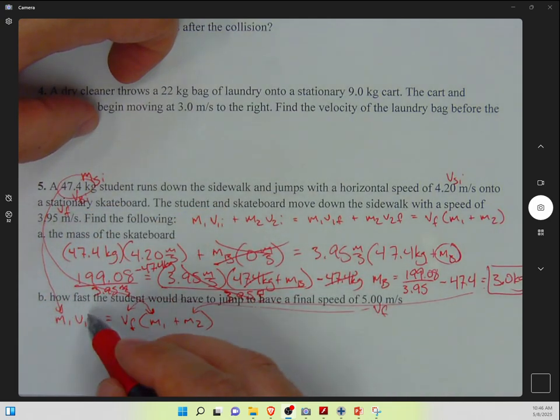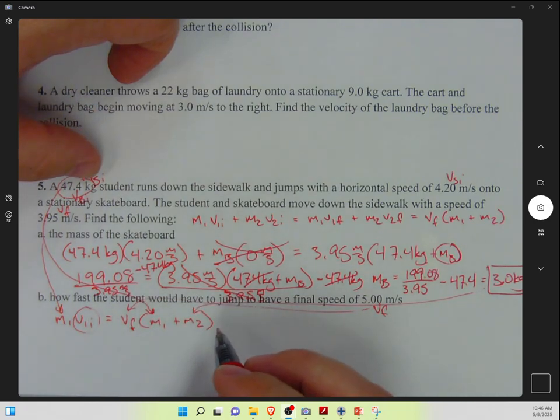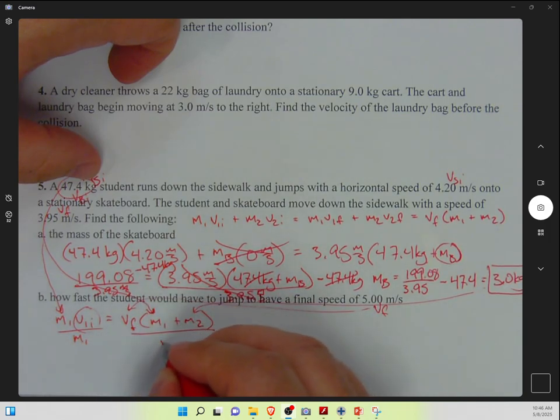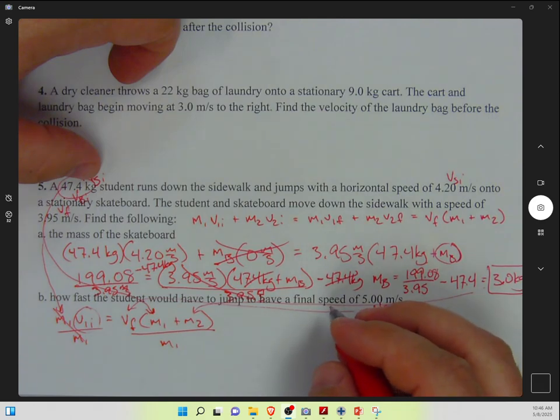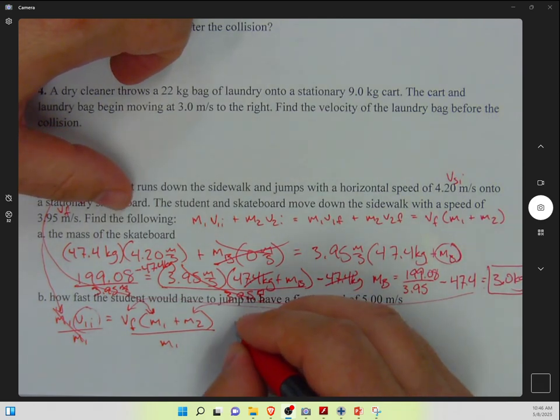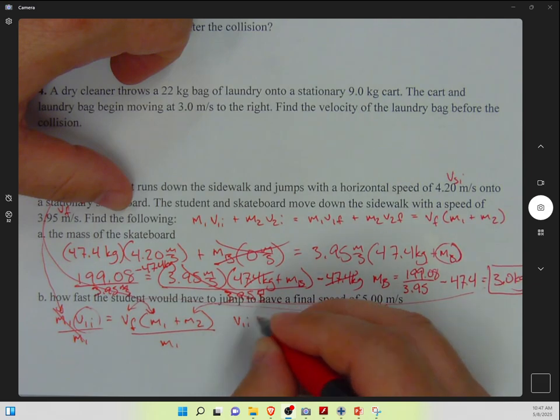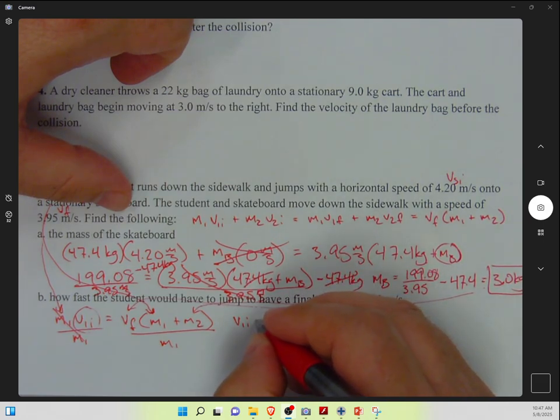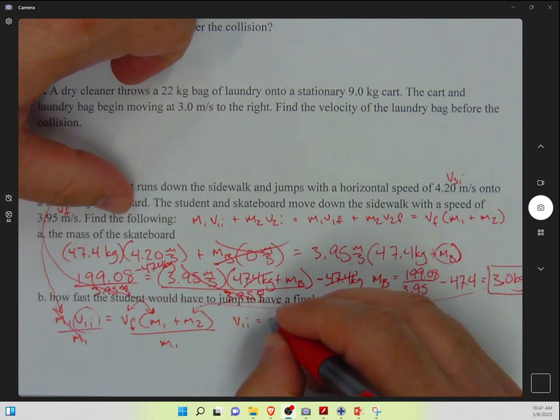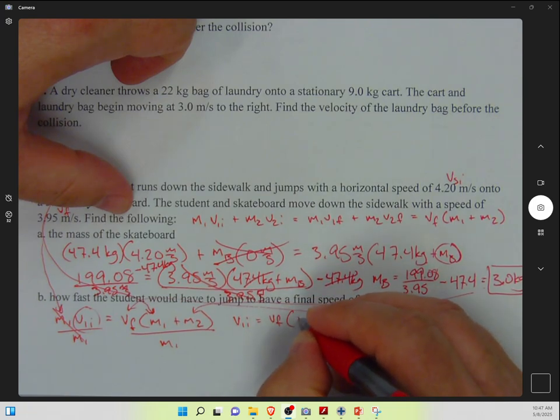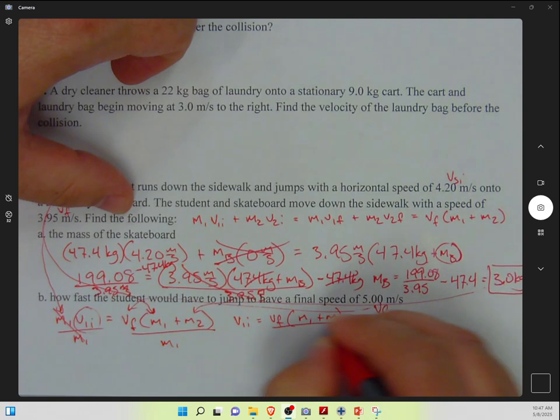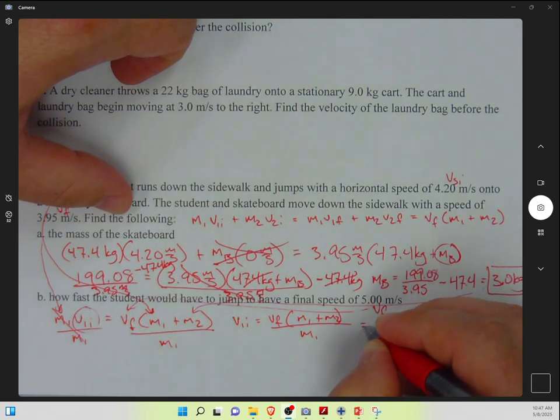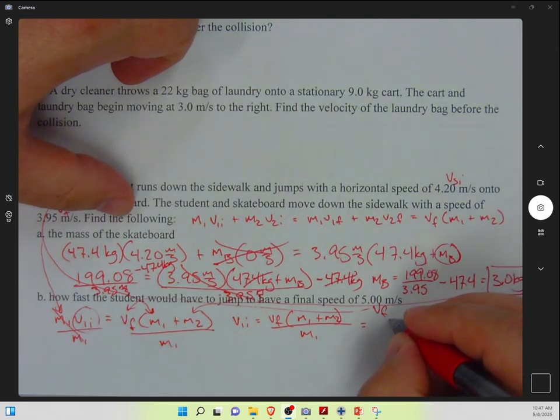So what I'm really solving for is this right here. All I have to do in this situation is divide both sides by M1. So I have the initial velocity of the student, the first object, which is what I'm solving for, and then I have my final velocity times M1 plus M2, all divided by M1.